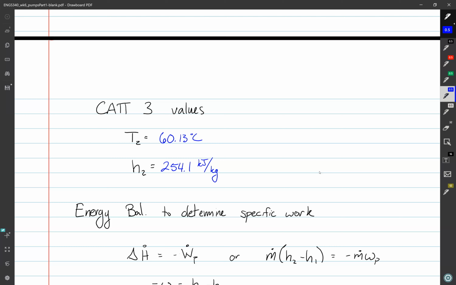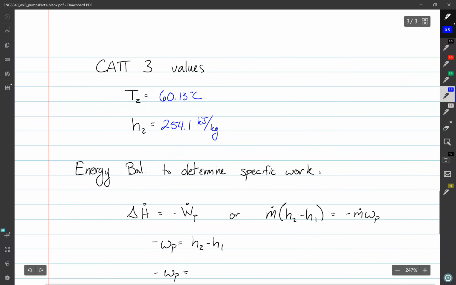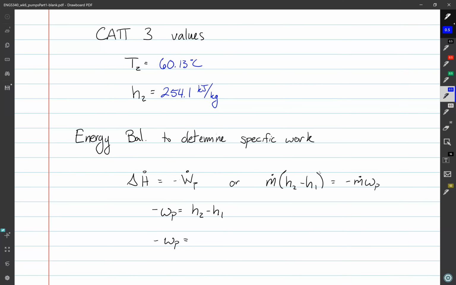Okay, how we would normally solve this is, once we have the enthalpy in and the enthalpy out, then we can do an energy balance. Our simplified energy balance was this. That's what we did at the very beginning. We can break that apart into a mass flow rate and a specific enthalpy difference and a specific work.